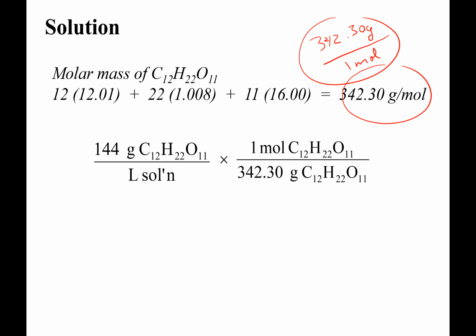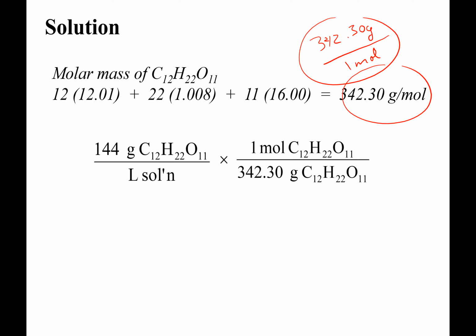So if I simply introduce 1 mole of C12H22O11 over 342 grams of the compound, C12H22O11, the grams of compound will cancel. I'm left with moles of compound per liter of solution. It's all about the units.